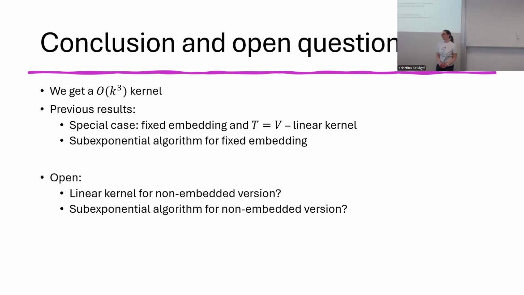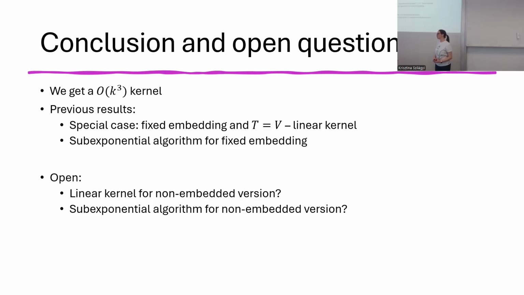What is open is whether we can get a linear kernel for this non-embedded version. For S and P nodes, we can get a size linear in k, but the R nodes are more problematic, and we don't really see a way to reduce this cubic kernel to a linear one. Another open question is whether there is a sub-exponential algorithm for the non-embedded version.